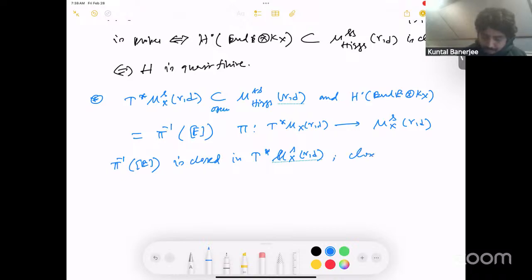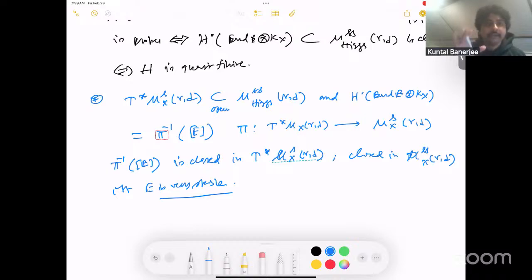So it is closed if and only if it is very stable. So this actually gives us the idea of some work on elliptic curves that we'll see.